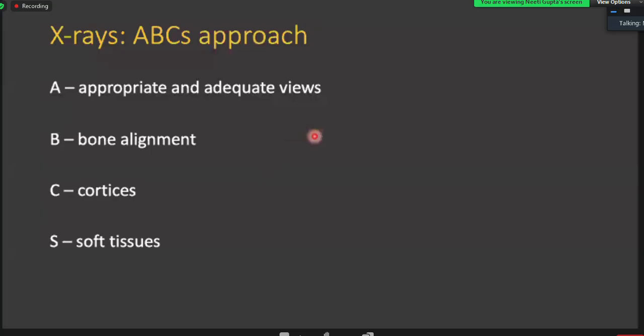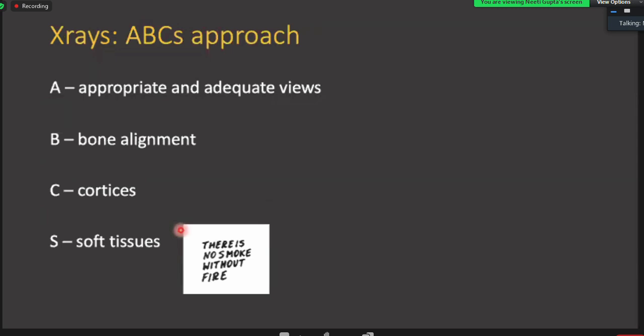And in cases of hand, wrist, or other complex joints, we can take additional oblique views so that we can have a comprehensive evaluation. Then we come to the bone alignment and we see if there is any change in the bone alignment. After which we trace all the bony cortices, as I showed you the importance in the previous case, to look for any subtle step offs or cortical breaks. And finally, we look at the soft tissues to look for any soft tissue swelling or displacement of fat planes, which may prove helpful in certain cases.